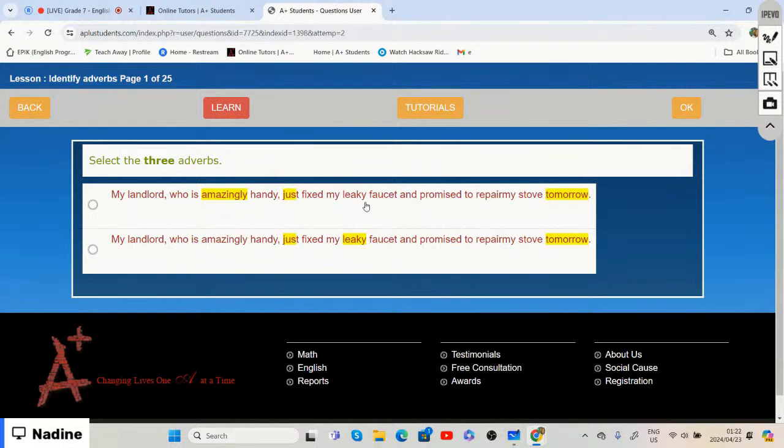All right, and if we choose the correct ones, right, it's either amazingly, just, or tomorrow, or it is the one that says just, leaky, tomorrow.